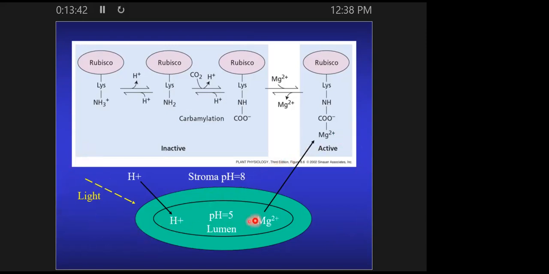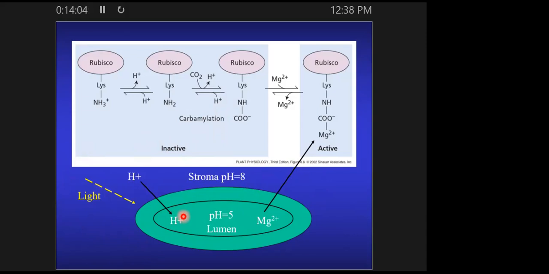So what I've tried to draw here is that in the chloroplast, so remember, this is happening in the stroma, light energy is striking the chloroplast, and as the light reactions are cooking along, one of the big ideas is that you get a proton gradient.